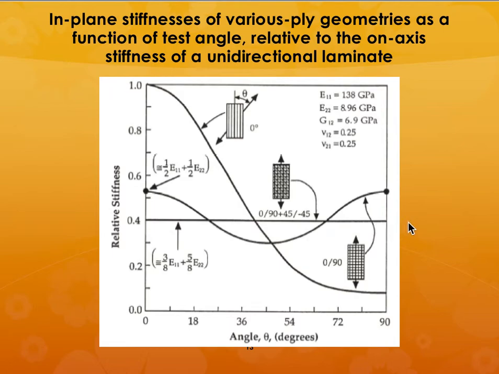So this is almost even, okay? But suppose you had 0, 90, then it is not isotropic, but it is undulating and things like that. So E11 could be positive, E22 could be positive, but then some of these properties might be negative also.